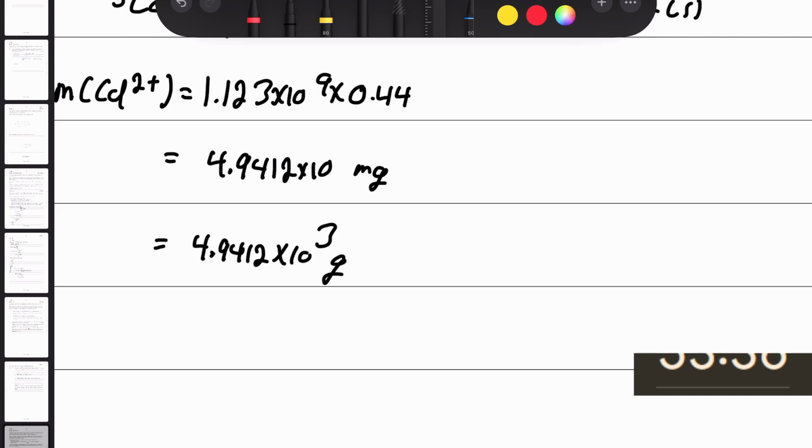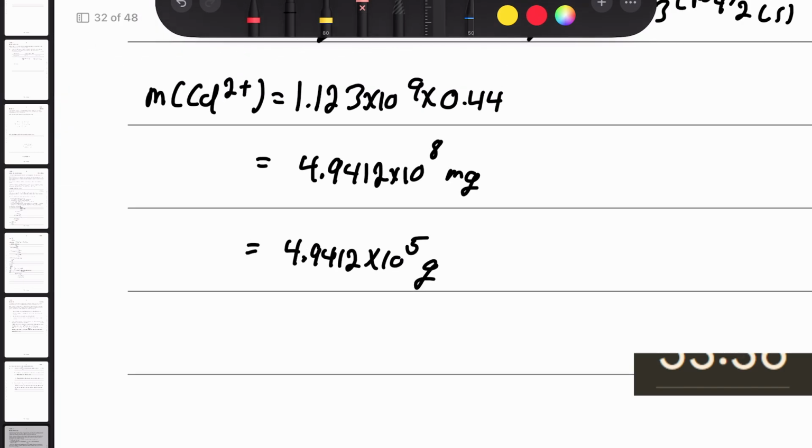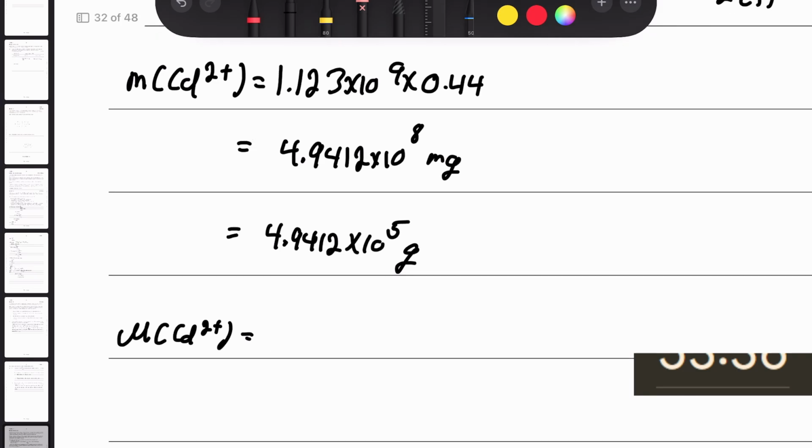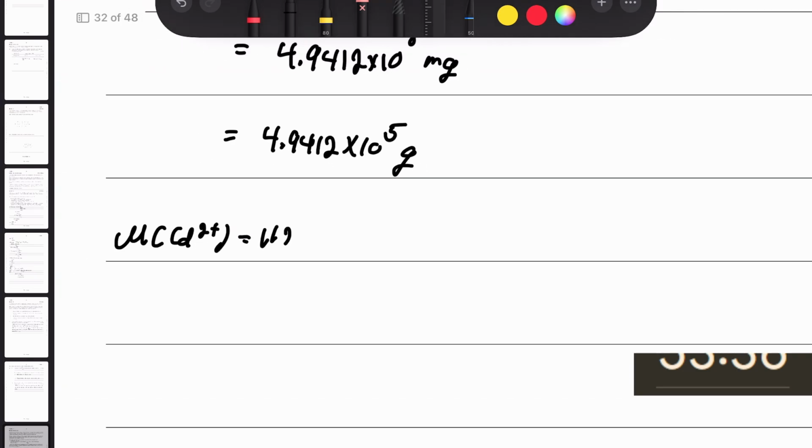Wait, no, sorry, that's towards 10 to the power of 8. And then this is 10 to the power of 5. Let's make it bigger. Yep, grams. My molar mass of Cd2+, cadmium, is 112.4 per mole.